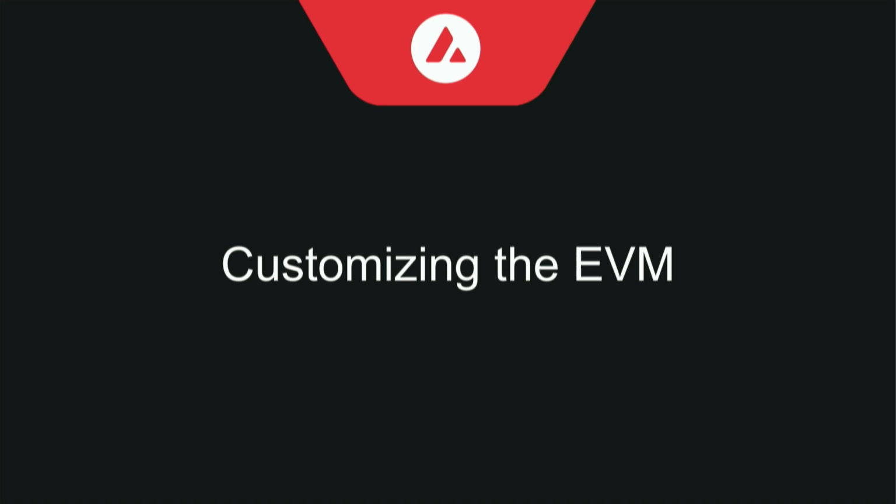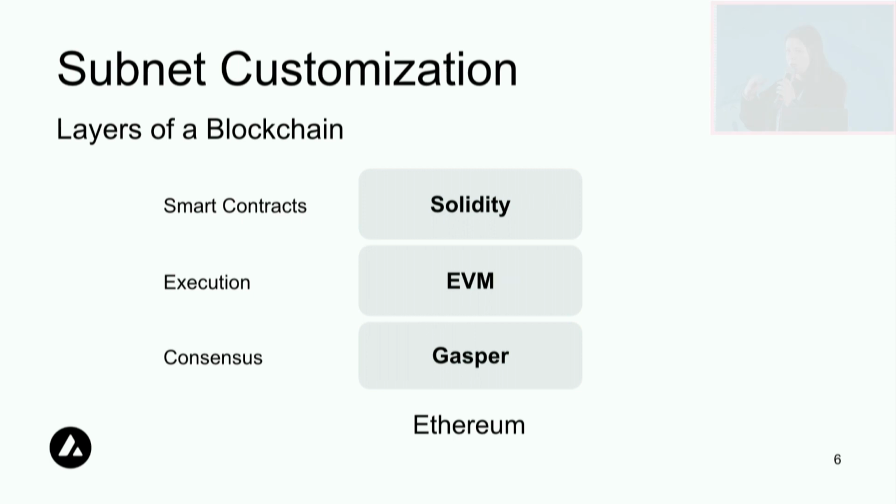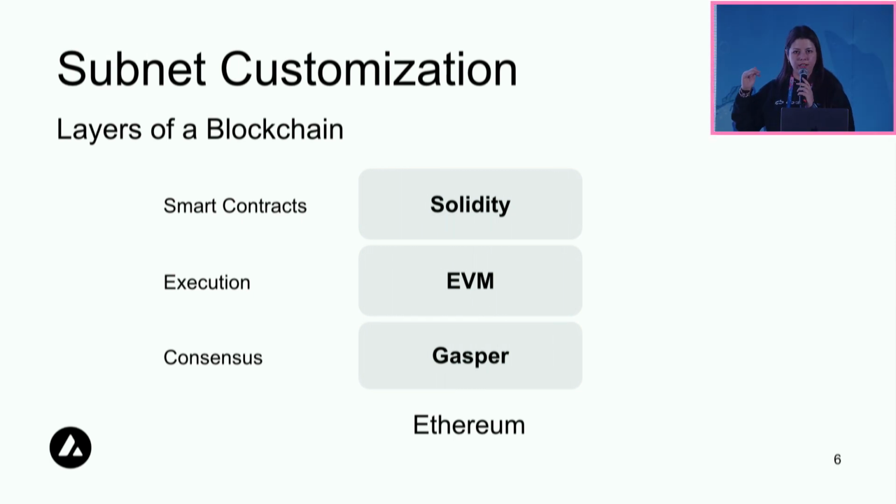When we're talking about customizing the EVM, first we need to abstract what the EVM is in the different layers of how blockchain works. In the case of Ethereum, you have the network level or the consensus level, and then we have the execution level. The execution level tells us what we are going to change.